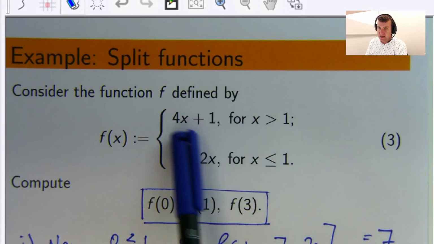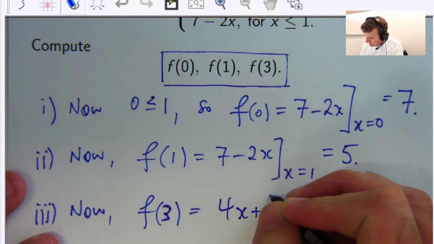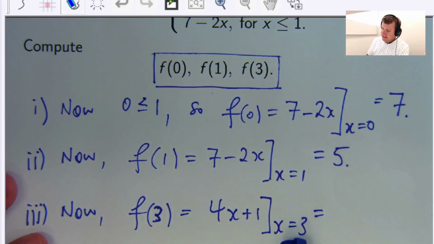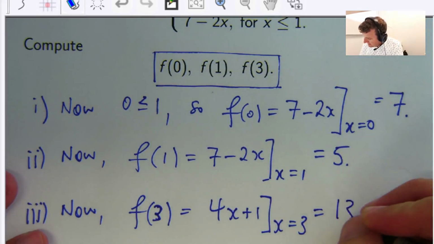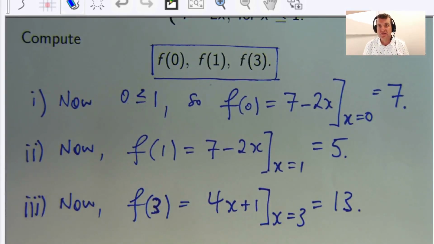So that's the part of the function that we want. If I replace x with 3 in here, I get 12 plus 1, 13. You can see those examples are pretty easy. You just need to work out which part of the split function is the right one to work with at this particular point.